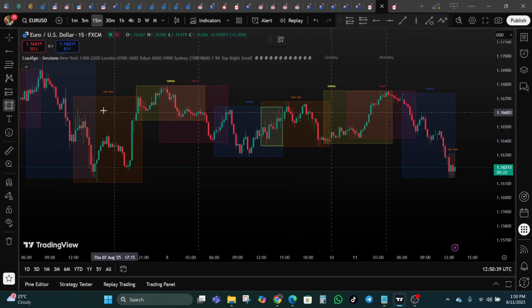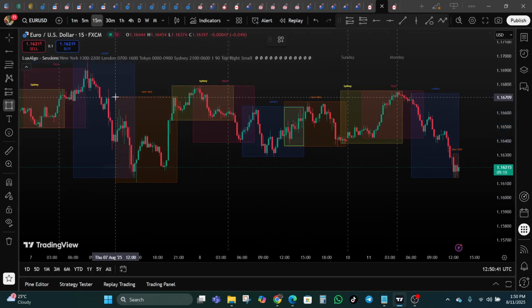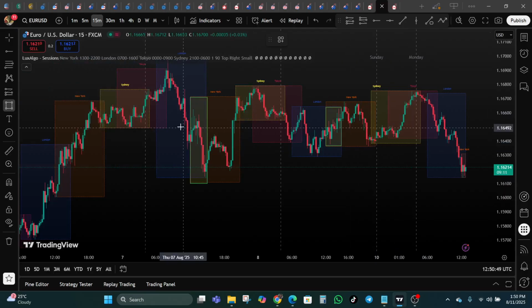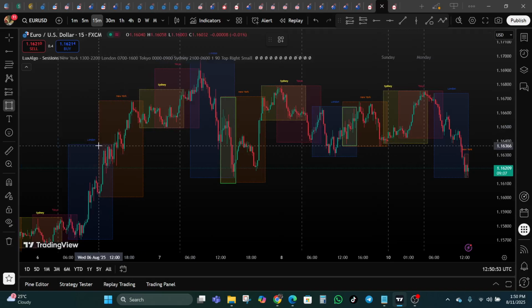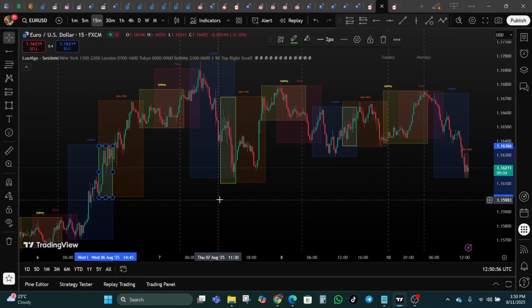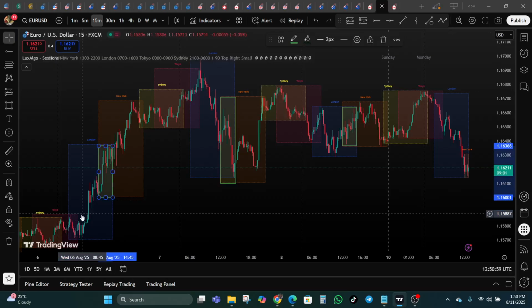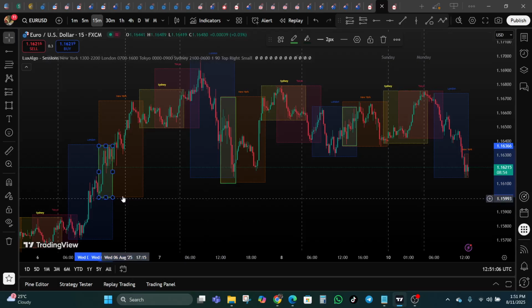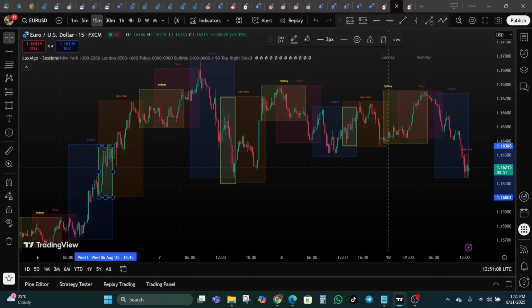That is how the market usually behaves. You have to pay attention. Not that you might not have volatility during the rest of the New York session or the rest of the London session, but when we are talking about the peak of volatility, you might want to focus on the overlap between the London and the New York.